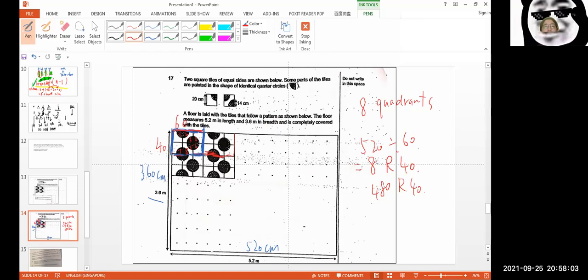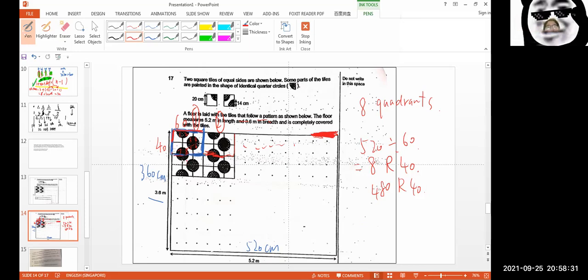So imagine you have 40 left. Now you just need to do the vertical. So 360 divided by 40, you have 9 of them.